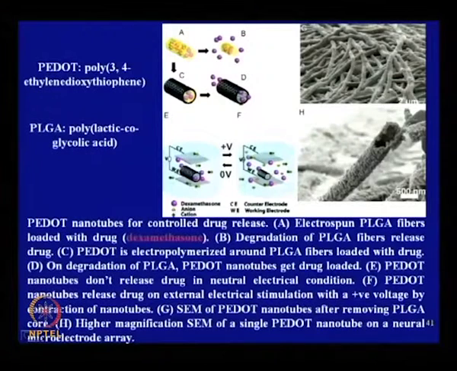What have they done in this work? They have taken poly lactic-co-glycolic acid, that means lactate glycolate copolyester. Please listen to me. They have taken lactate glycolate copolyester. It is a biodegradable polymer.